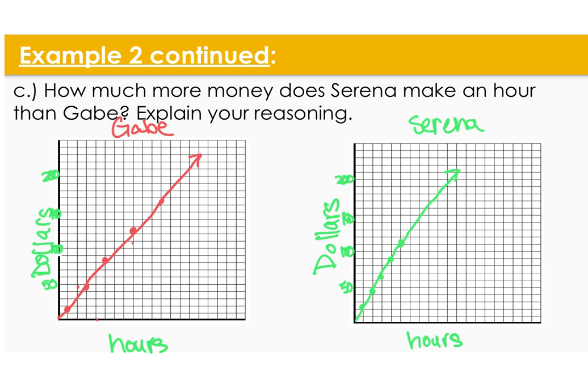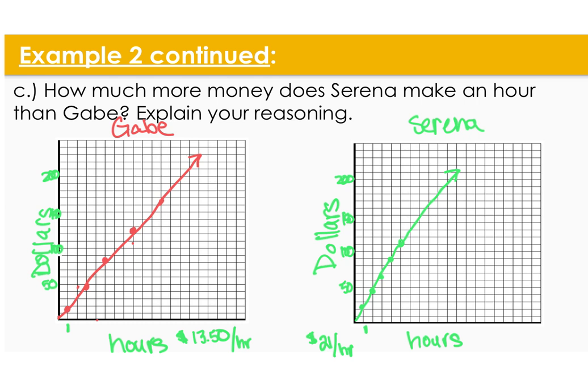Okay, we have the two graphs comparing Gabe and Serena. How much more money does Serena make an hour? So when I want to figure that out, I'm going to look at both where they're at 1. And we know Gabe is at $13.50 per hour, and if I look at 1 here, or I look at the table that we talked about, it's $21 per hour.